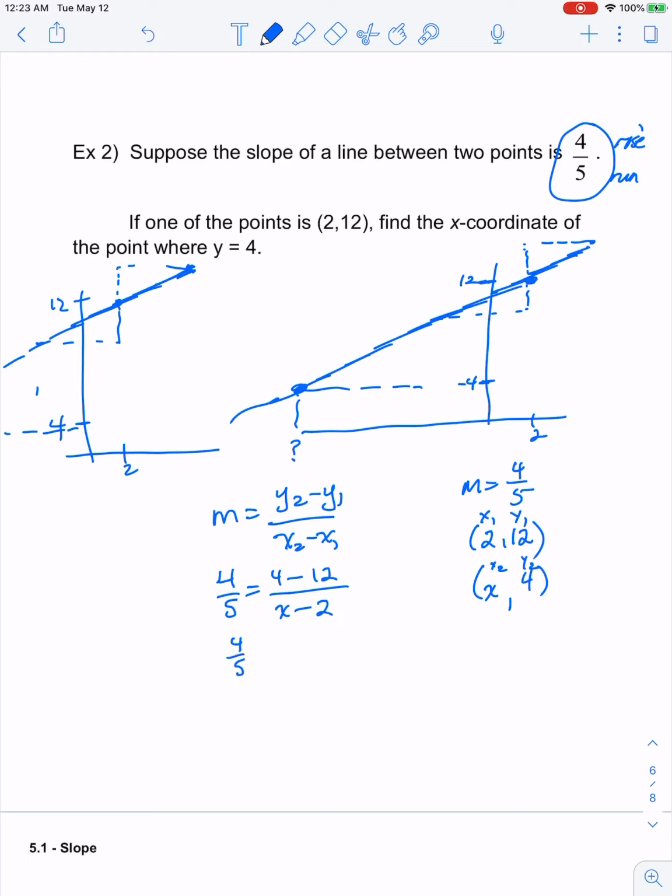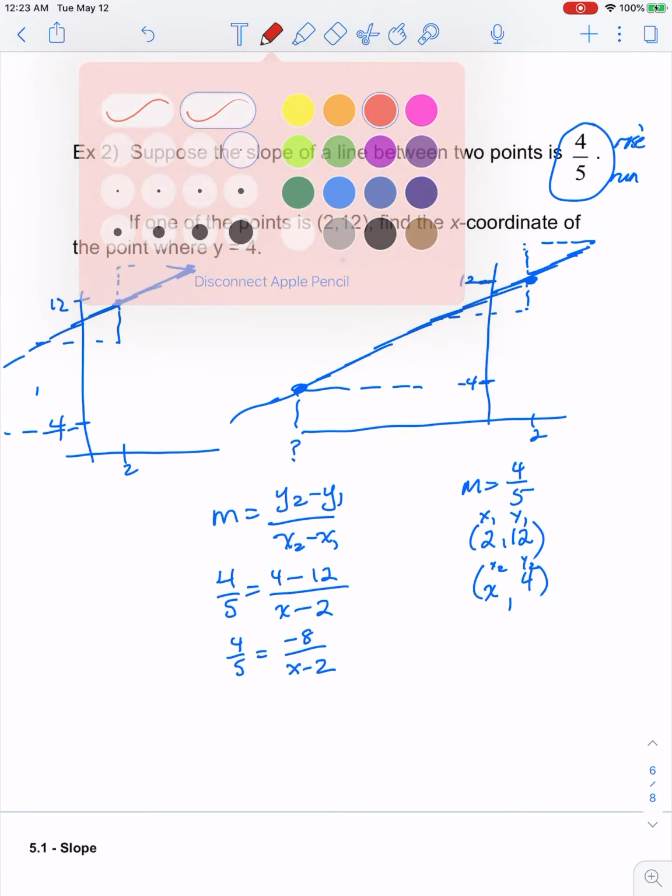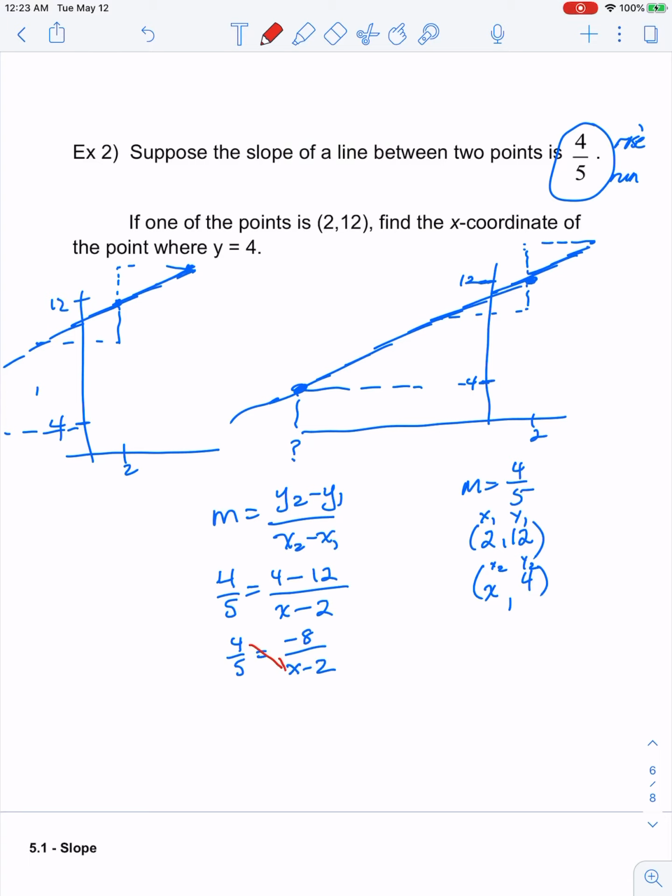So 4/5 equals -8 over x minus 2. To solve this, what we're going to do is cross multiply. So 4 times x minus 2 equals 5 times -8. That's called cross multiplying. So expanding this bracket out, that gives you 4x minus 8.